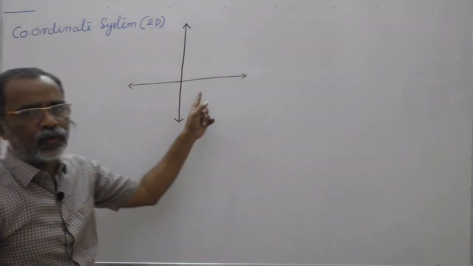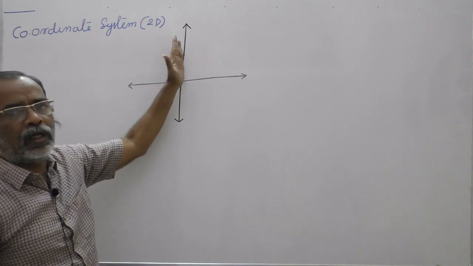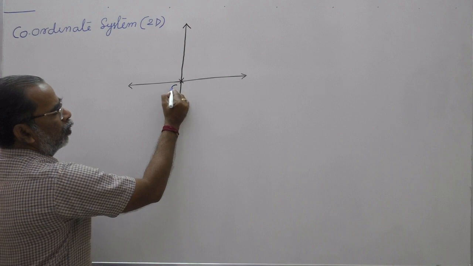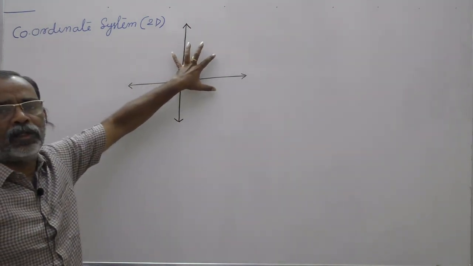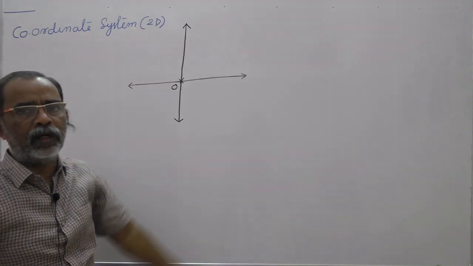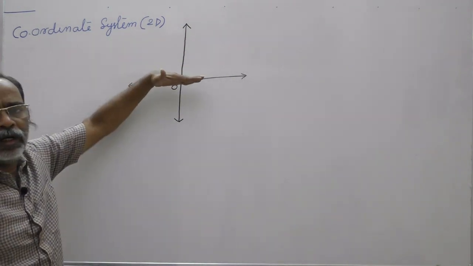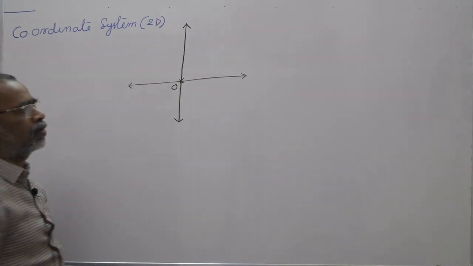These are two mutually perpendicular lines, one horizontal and another vertical, with their intersection capital O. The plane containing these is called the coordinate plane. Of course, two-dimensional. This horizontal line is called the x-axis, the vertical line is called the y-axis.